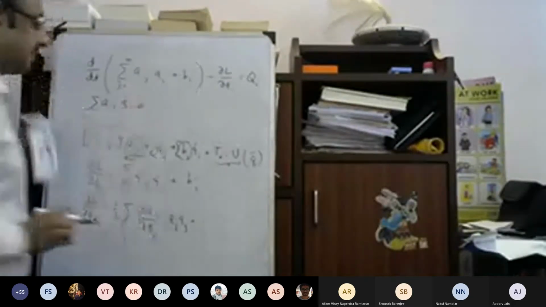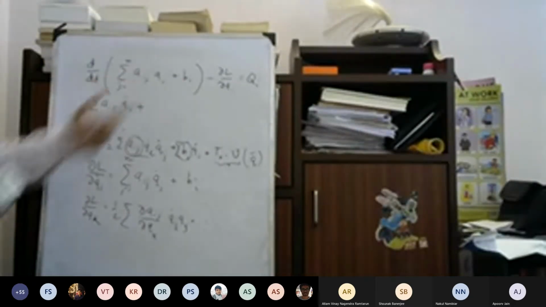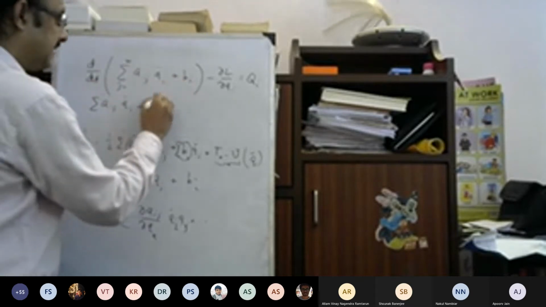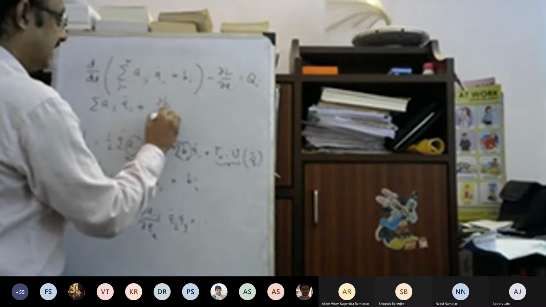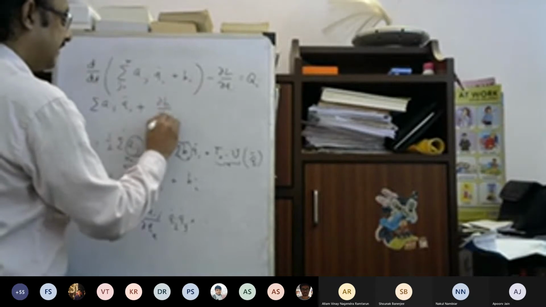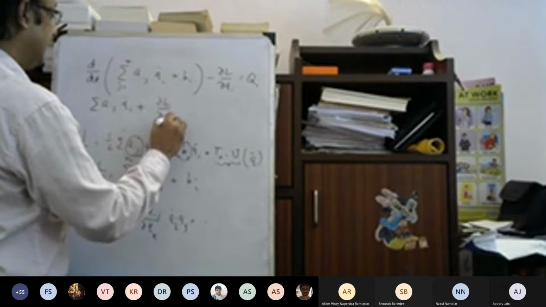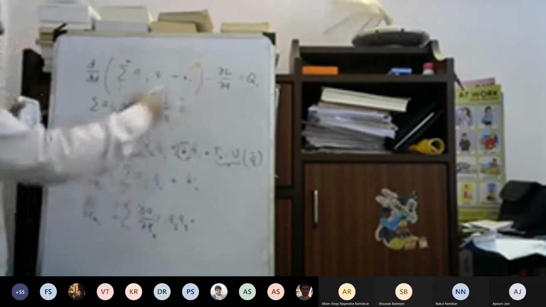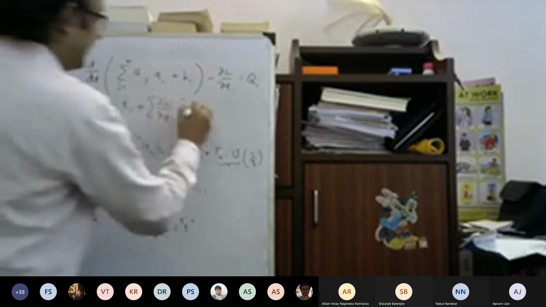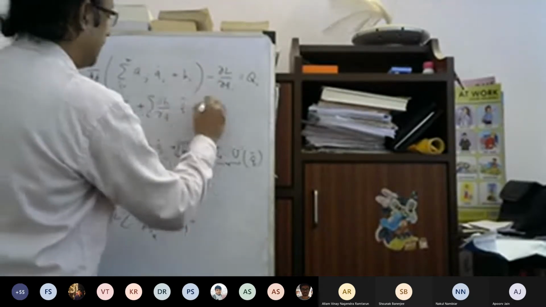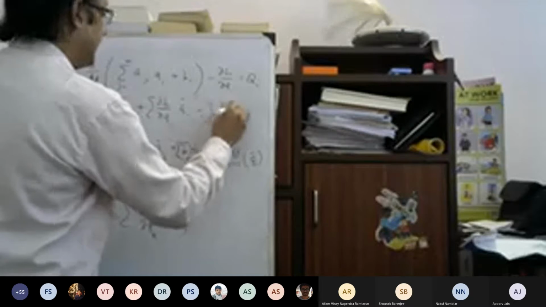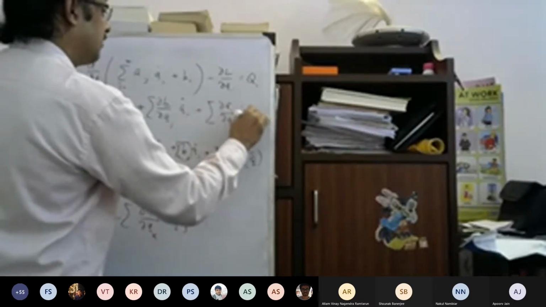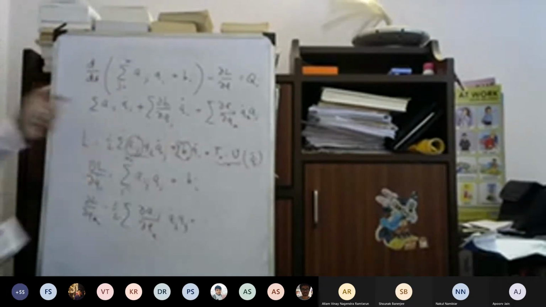Plus, since these are all functions of q, del bi del t, del bi del qj times qj dot, chain rule, etc. will appear, and also del Aij del qk, qk dot, qj dot; all these terms will appear.